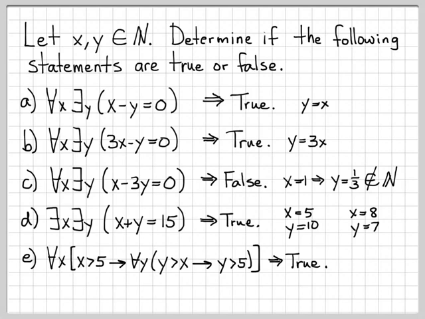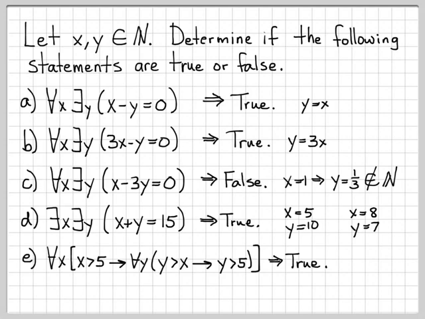The statement is that for any x in the natural numbers that I pick that's greater than 5, so this would include the numbers 6, 7, 8, 9, 10, 11, etc. This implies that for all y such that y is greater than x, so since x was greater than 5, x includes 6, 7, 8, 9, so y greater than x means y has to be numbers like 7, 8, 9, 10. This implies that y is greater than 5.